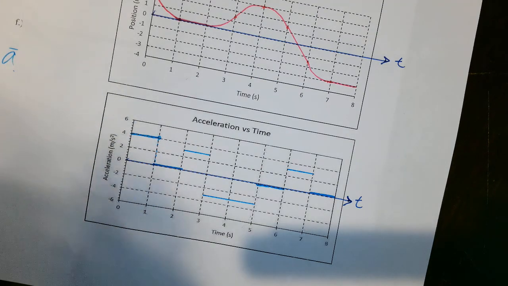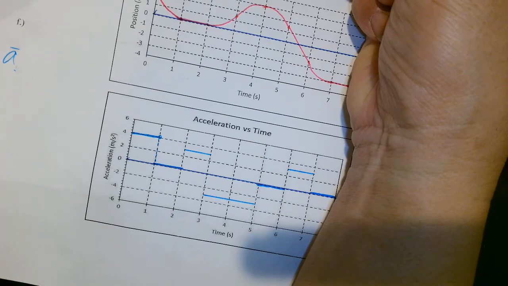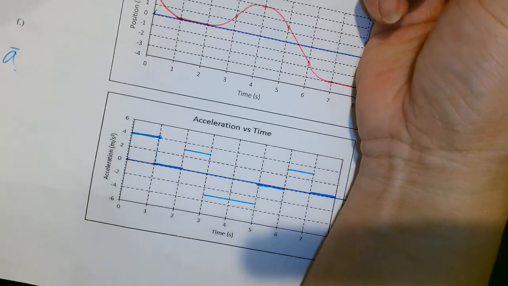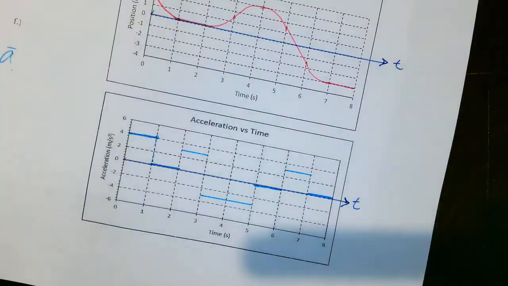Would it be 7/3 meters per second squared? Positive or negative? Positive. Excellent. That is correct. So all you have to do is just find the slope of these two, right? And booyah, you should be able to get your average acceleration from here to here. Right? Good. How about another question?